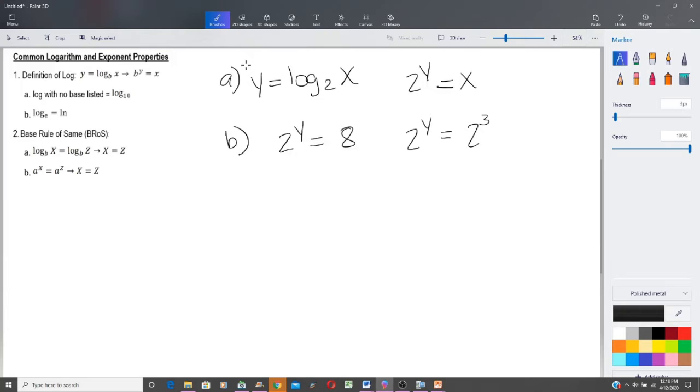And what this does now is it gives us the same base on both sides of this equal sign. And the bros rule says that if the base is the same, then the exponents are equal. In our case, that means that y equals 3. So we just found y by using that rule. In other words, y equals log base 2 of 8 means that y equals 3.